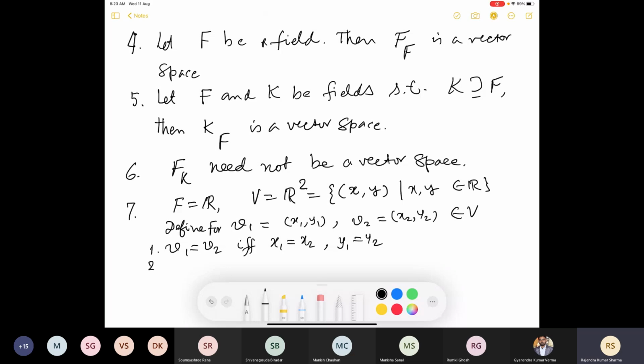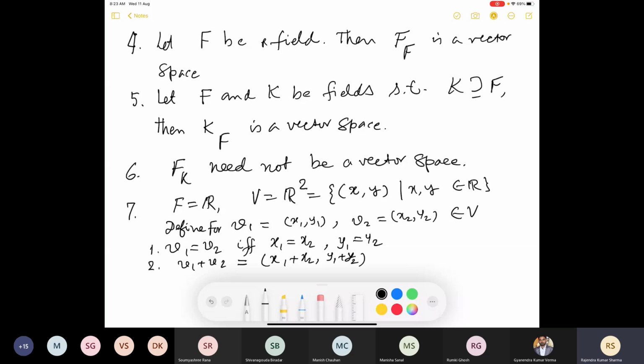Number two, you can define the addition of V1 plus V2 as the ordered pair where the coordinates are added: X1 plus X2, Y1 plus Y2.